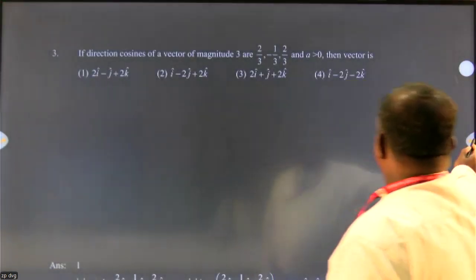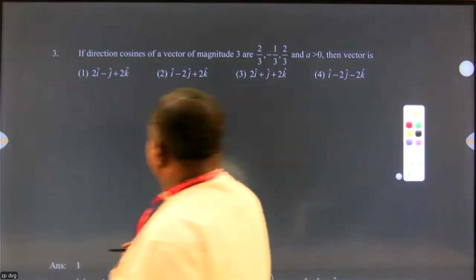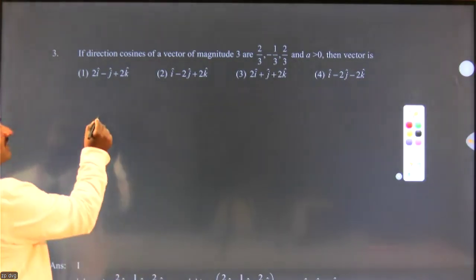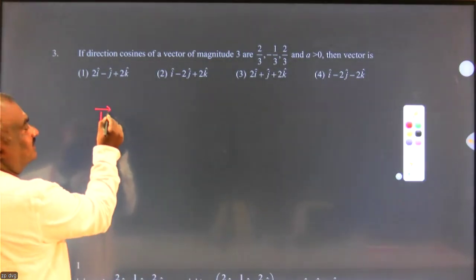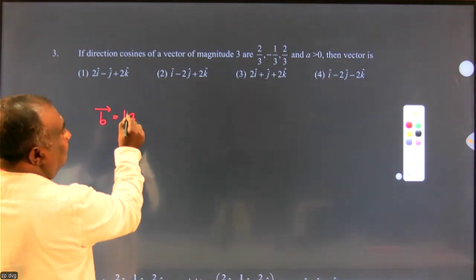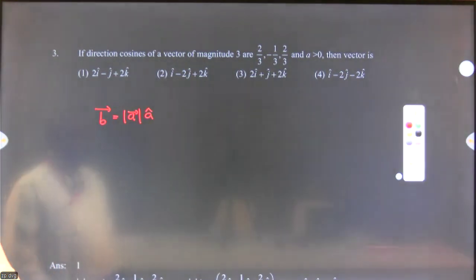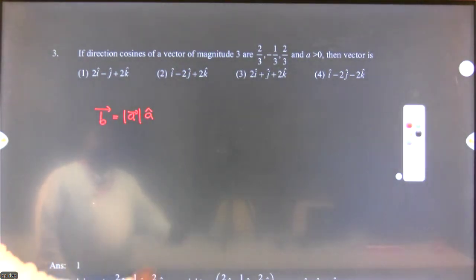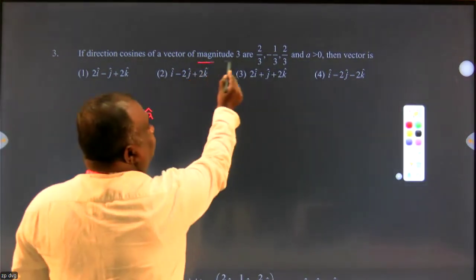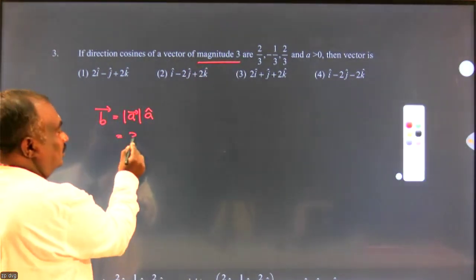So how to find the required vector? If you take the required vector b bar, it is equal to modulus A bar into A cap. Now modulus A bar, what is given? Magnitude of the vector 3 is given. That's why this is 3 into A cap.